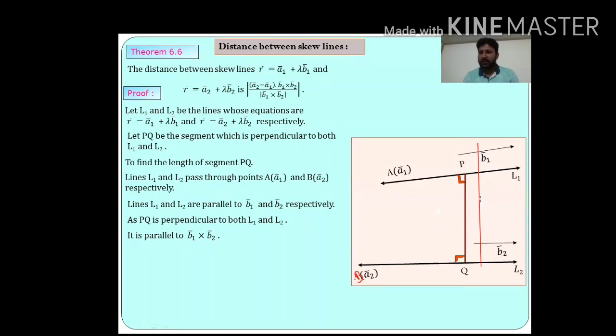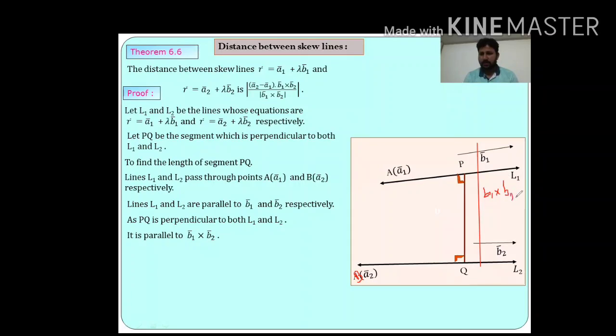If you observe geometrically again, this b1 bar cross b2 bar, perpendicular to b1 and b2, is parallel to vector PQ bar. PQ bar and this B1 bar cross B2 bar are parallel vectors.